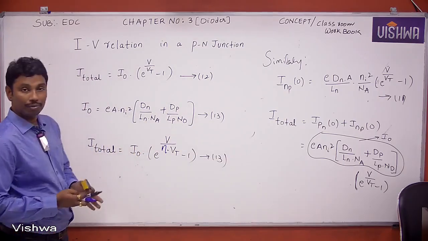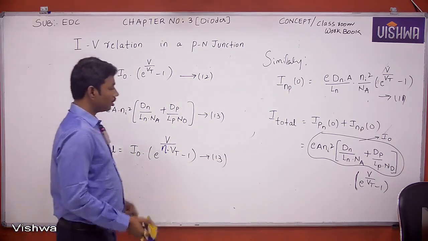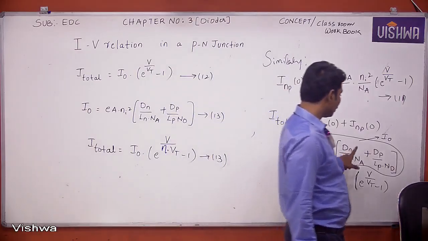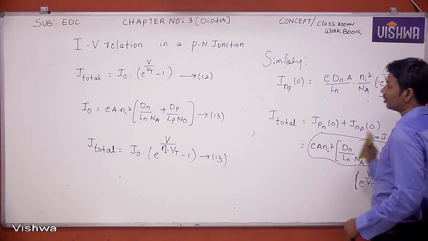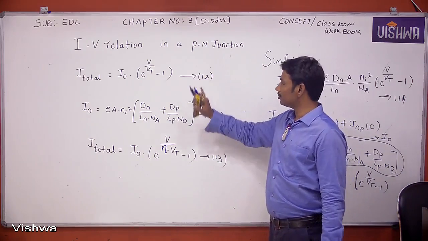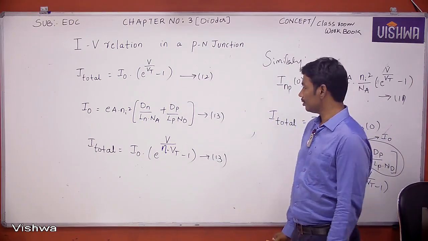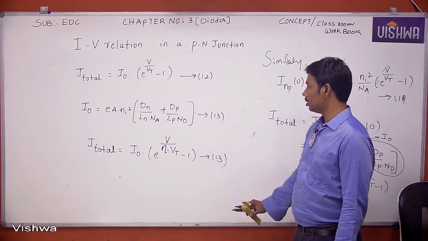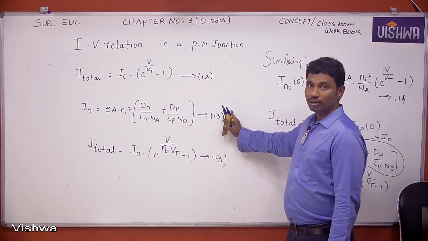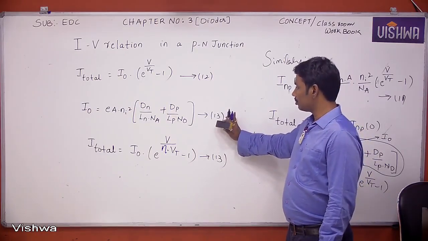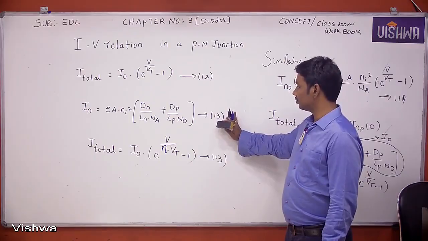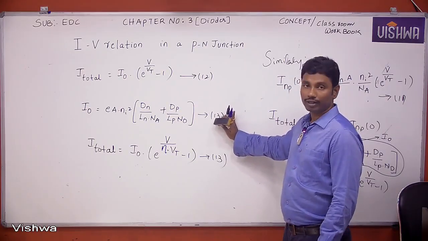Okay, copy here. You can consider this total term as I naught. Then after that, write down equation 12 and equation 13. Just up to 13, stop here. After that, I will tell you.